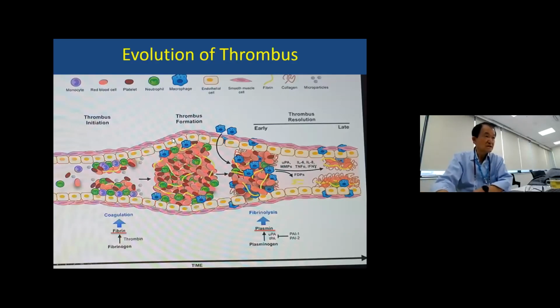So this diagram shows evolution of thrombus, initiating starting with the platelet or fibrin, and then thrombus formation here. But our body also has another mechanism, spontaneously trying to resolve it by cells, by the immune system, whatever. It's called fibrinolysis by plasmin.